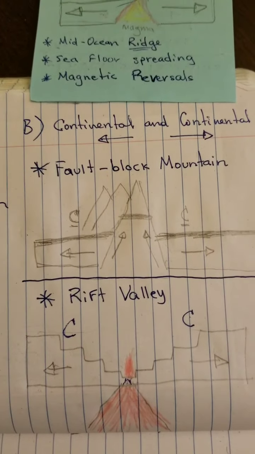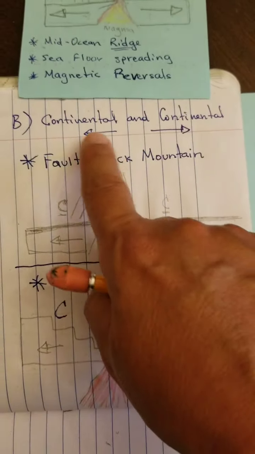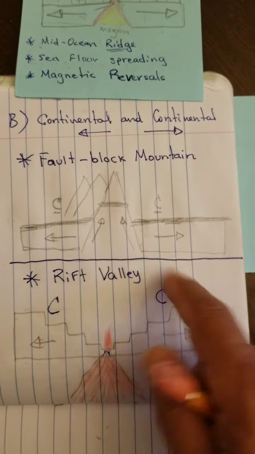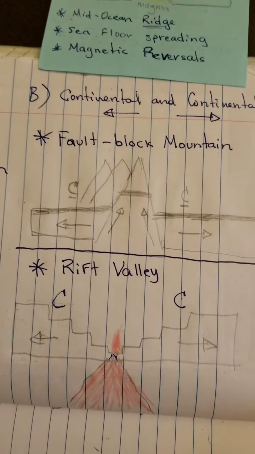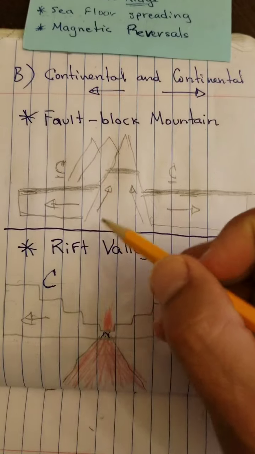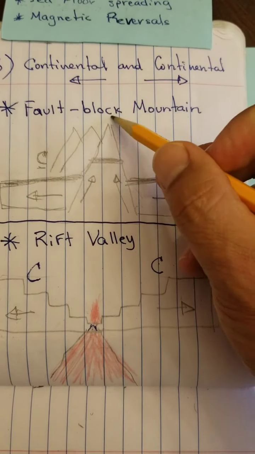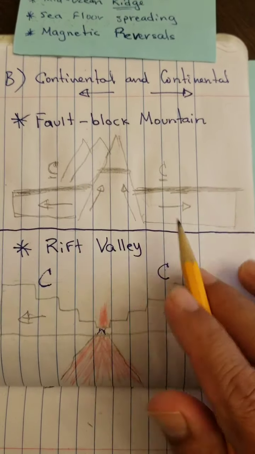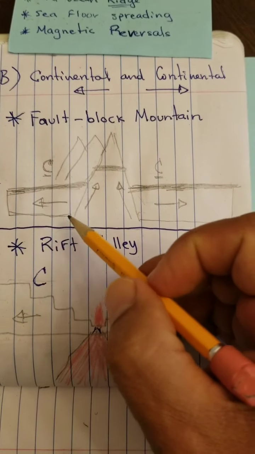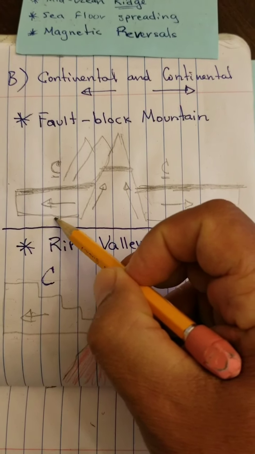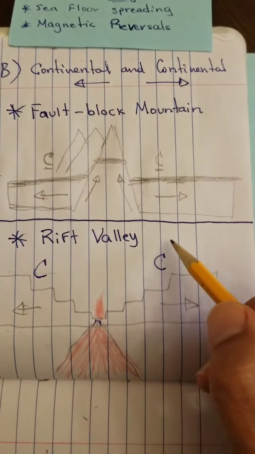Okay, so drawing a fault block mountain when you have two continental plates separating is actually very easy. The first thing you have to do is draw this big old triangle, right? So you do the big triangle right here, and then you put the lines from the bottom of the triangle going out.